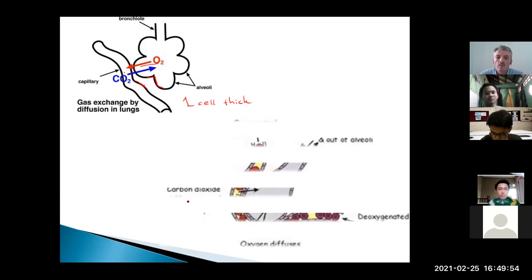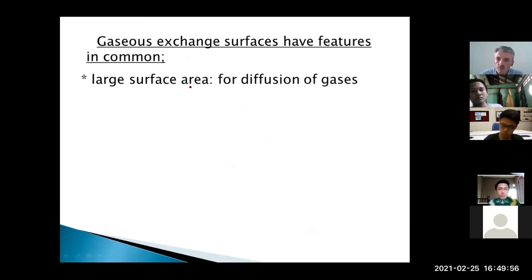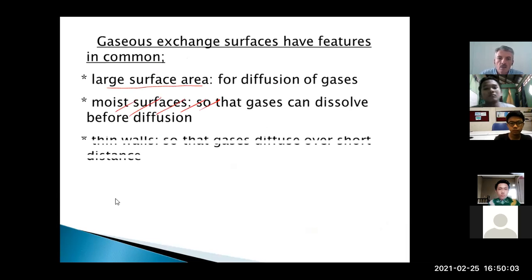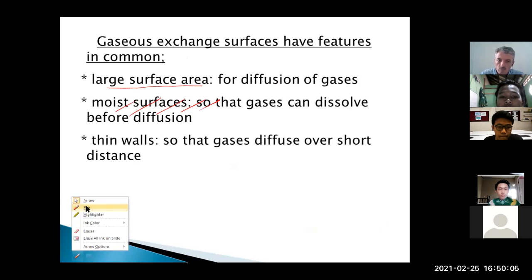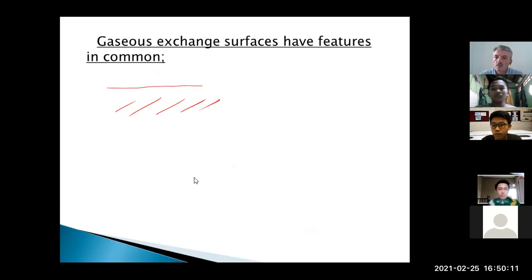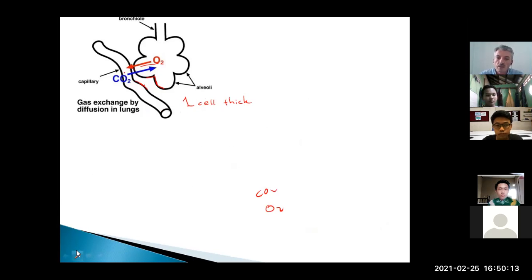All gas exchange surfaces should have a large surface area. They should be moist, but this is not important for you, I think, so don't worry about this. Thin walls, well ventilated, meaning more oxygen must be coming. This is diffusion, so the concentration gradient is important. If you want oxygen to go like this, oxygen should be small here and big in concentration there.